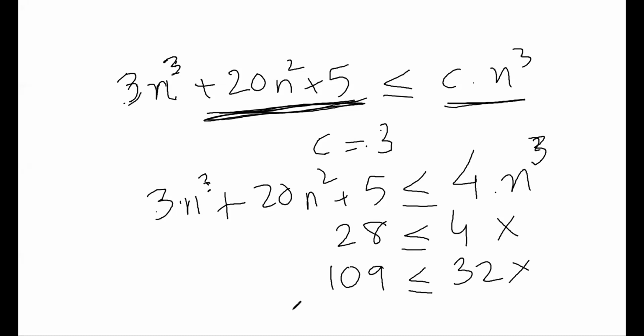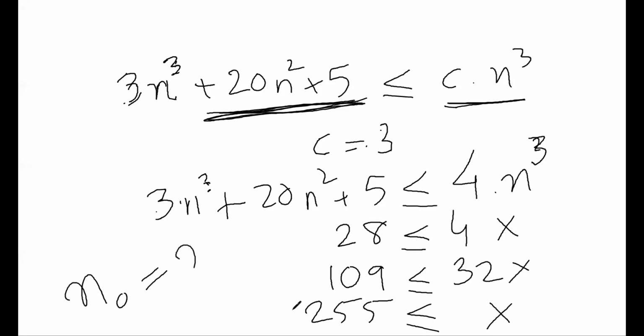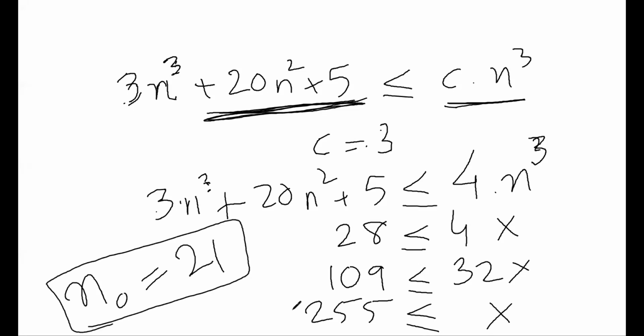If n is 3, 27 into 3 is 81, plus 180 is around 255 or so, roughly. And for n equal to 4, 27 into 4, again it won't be right. If you go on checking for which value of n this equation is satisfied, you'll see that it is for n equal to 21.